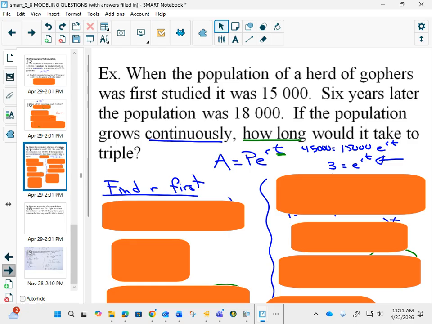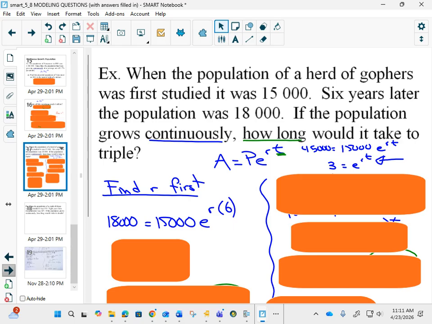Is there enough information in here that we can put things into that formula so the only thing we don't know is r? Well, we knew it was initially 15,000, and in 6 years, so that would give us a t value. It's 18,000, so we can go 18,000 equals 15,000 e to the r, and it's in 6 years.